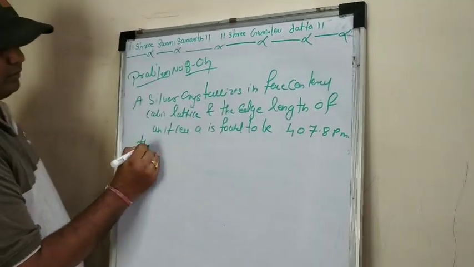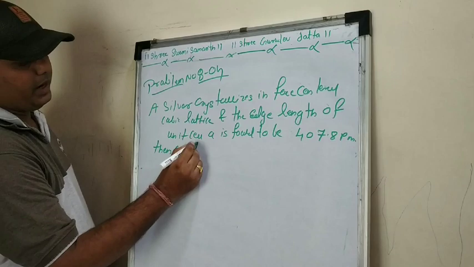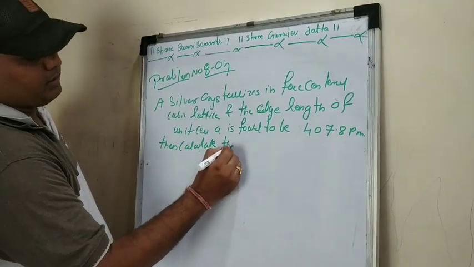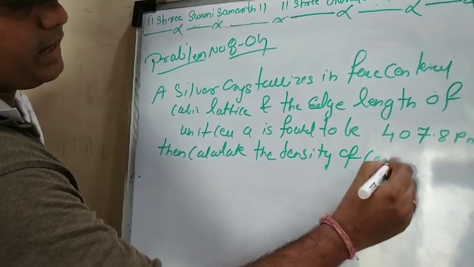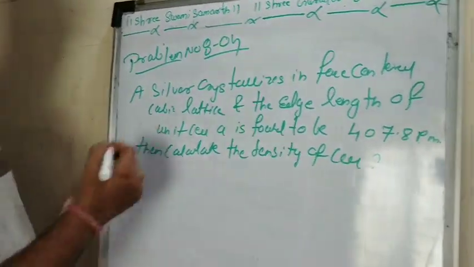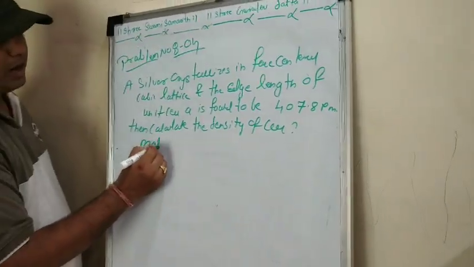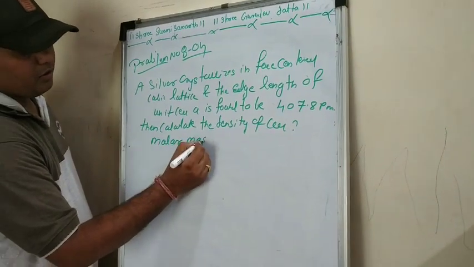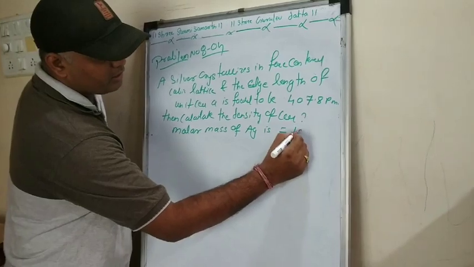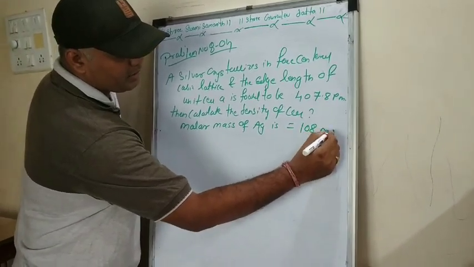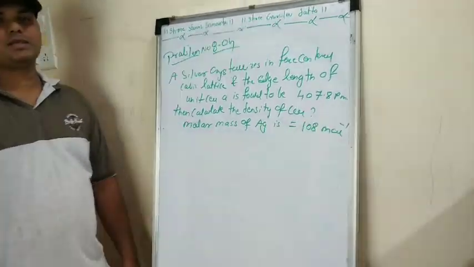Then calculate the density of the cell when molar mass of Ag is equal to 108 per mole, right? So this is the problem asked.